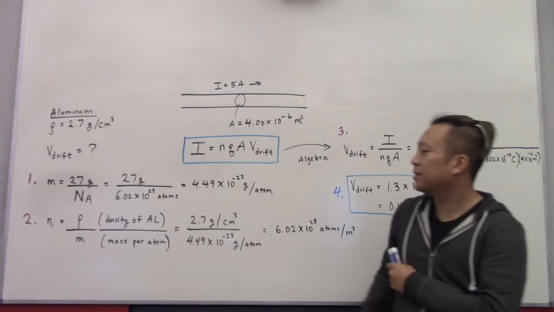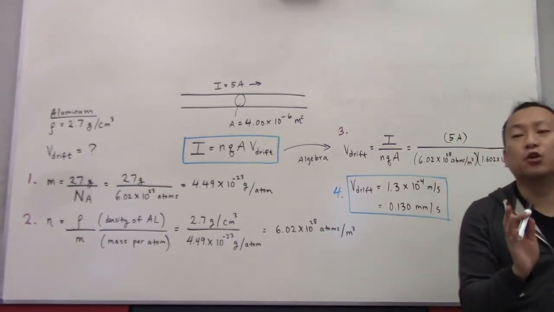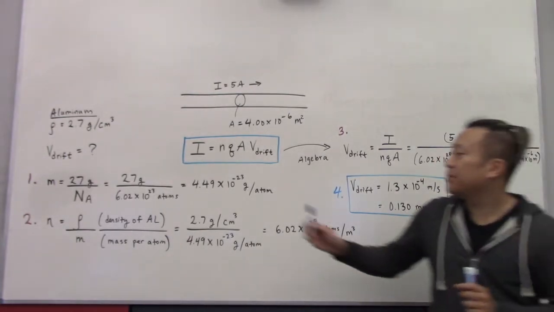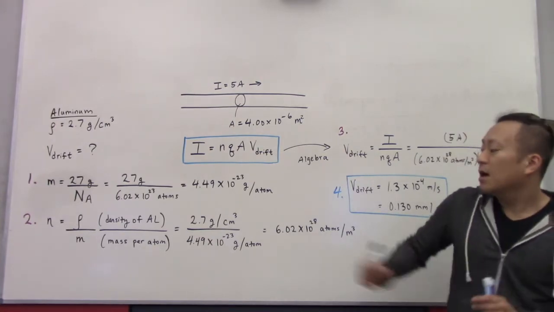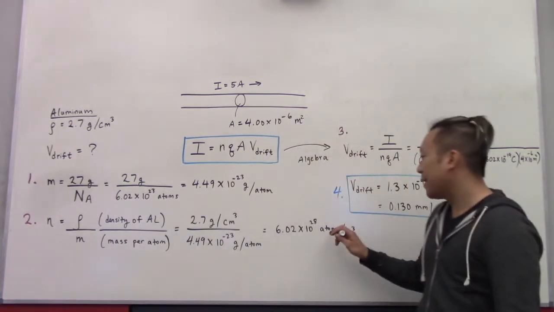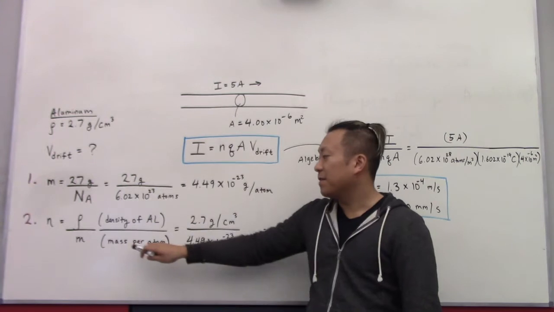And what are each of the parts? Well, n is going to be the atoms per meter cubed, so the atoms per volume. That's what n represents. M represents the grams per atom, because then we can find the little n, atoms per volume, which will be the density of aluminum divided by the mass per atom.